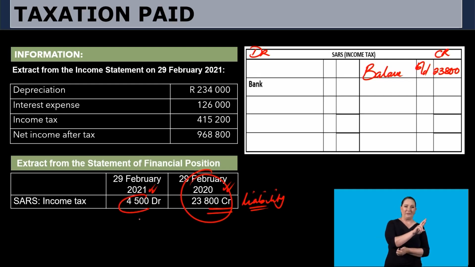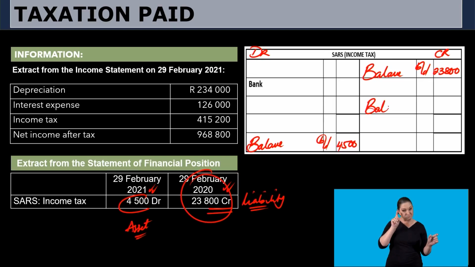That means it is now an asset. SARS now owes us as a business. So I'll come here and I'll say balance brought down. That is 4,500. But I understand that if it is balance brought down here, it has to be balance carried down here. So here I'm going to have my balance carried down.